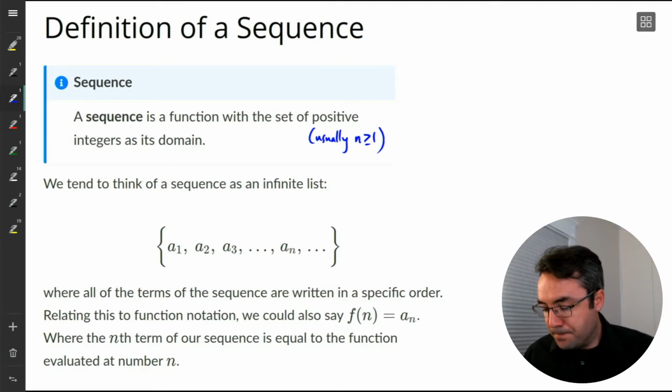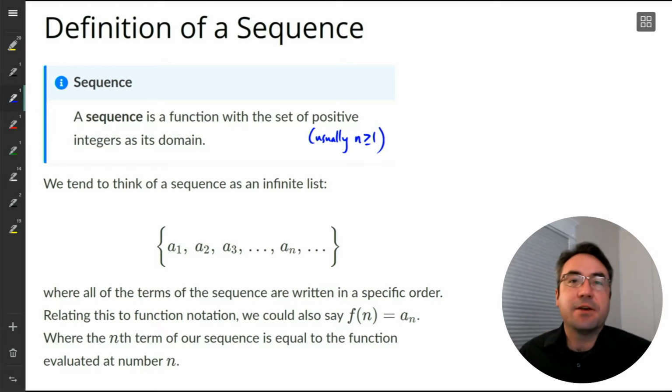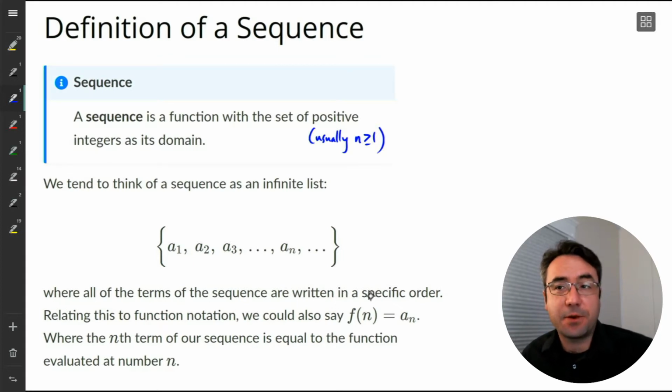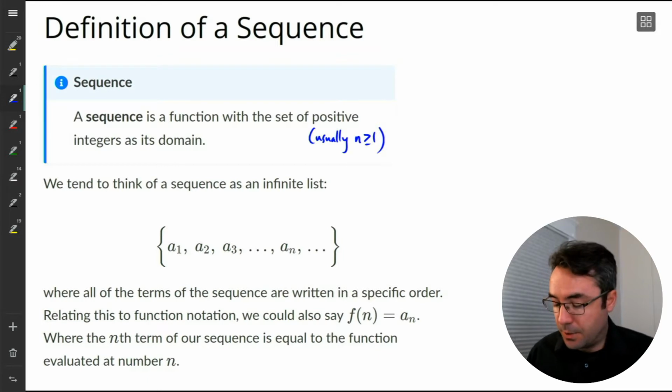All right, so how do we actually think of a sequence, though? We tend to think of it more as an infinite list, and with that infinite list, it's written in a specific order. When we write down a sequence, we start with the first term, go to the second term, the third term, and so on.